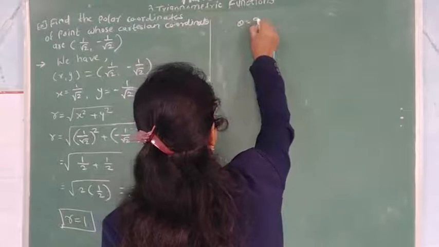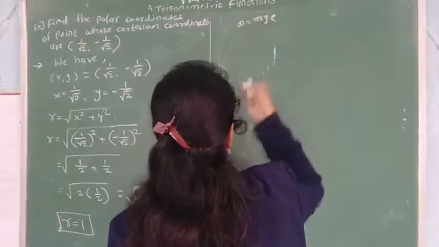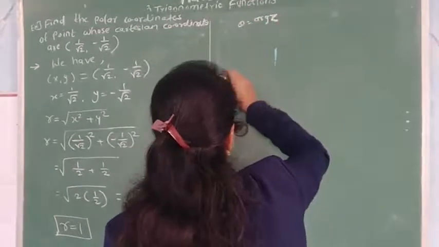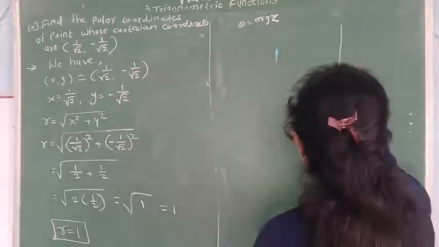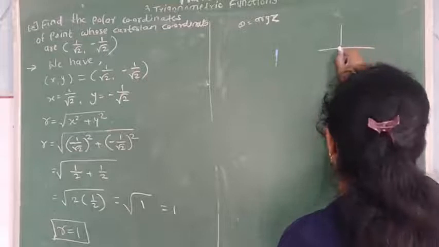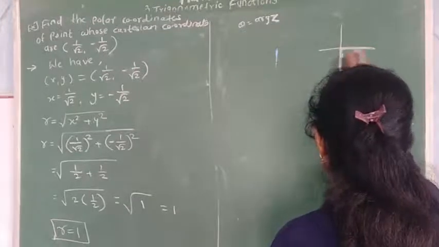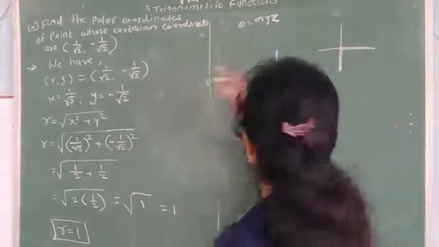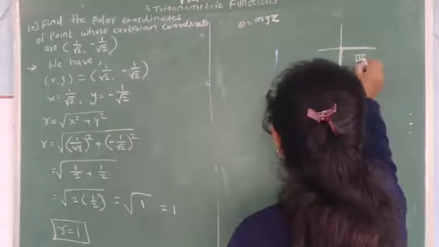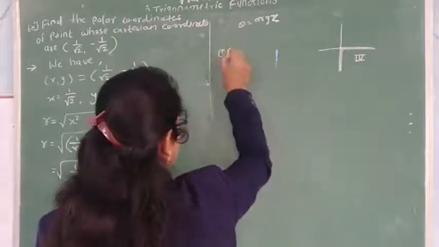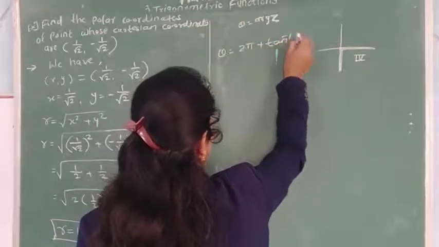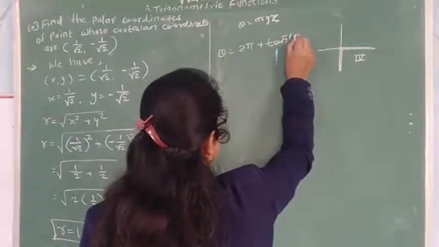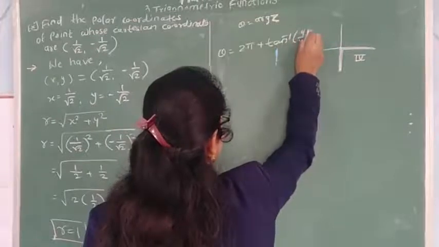Theta is the argument of z. These xy coordinates have x positive and y negative, so this point lies in the fourth quadrant, and in the fourth quadrant the formula for theta is 2 pi plus tan inverse of y by x.